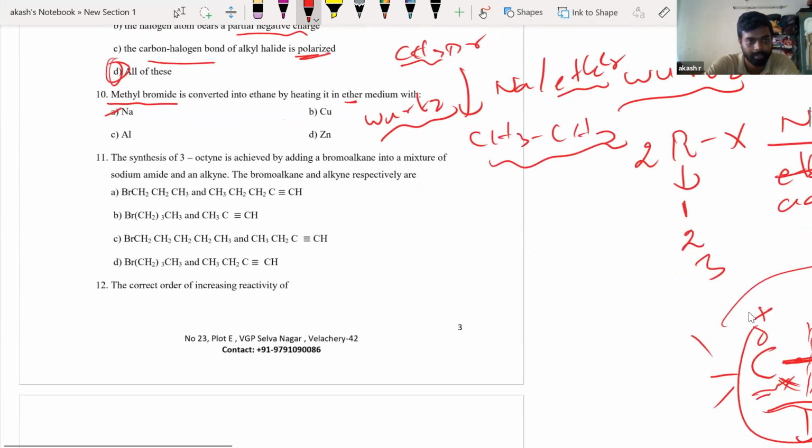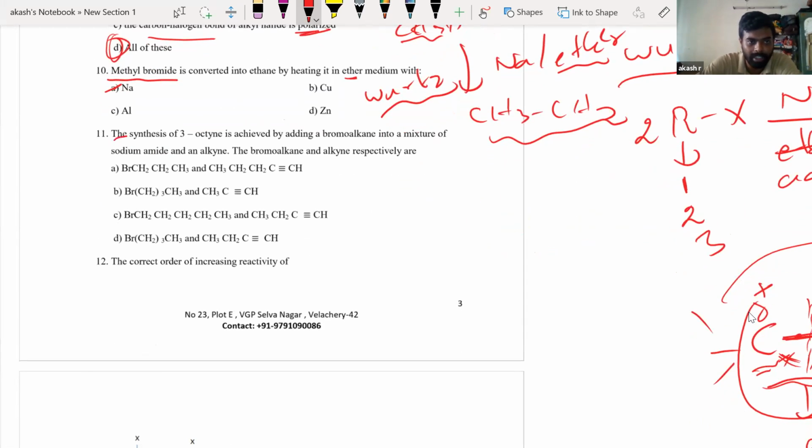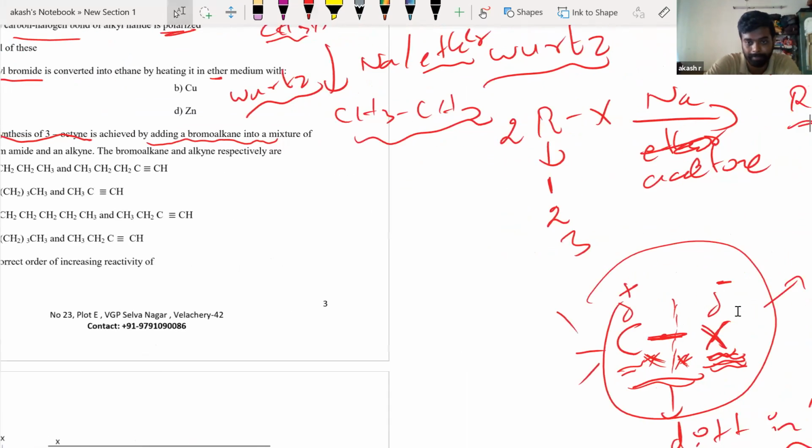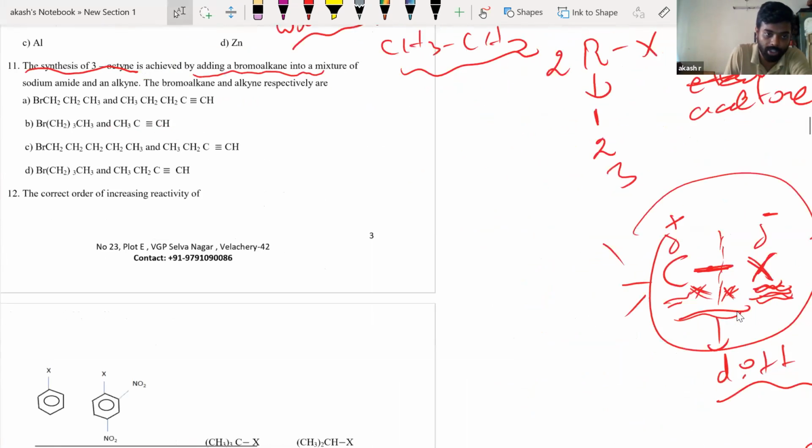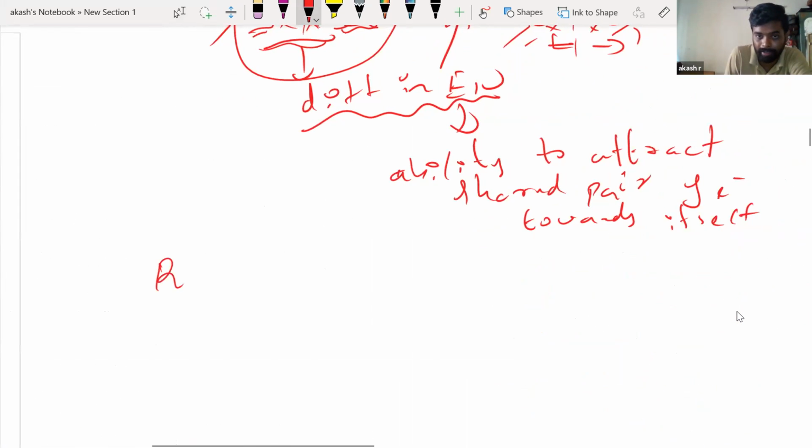Moving on. The synthesis of 3-octyne is achieved by adding a bromoalkane into a mixture of sodium amide and an alkyne. The bromoalkane and the alkyne respectively are. Now look at this, please. For you to understand this particular question, all you have to understand is, I have an RX.